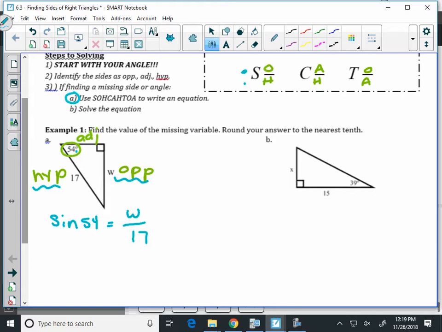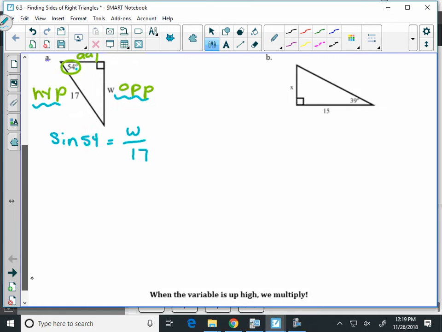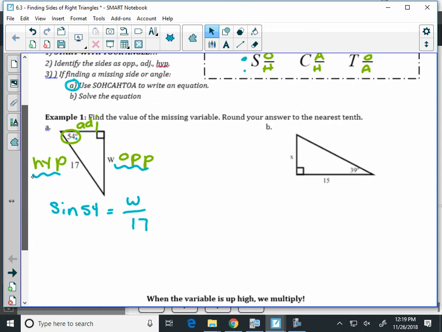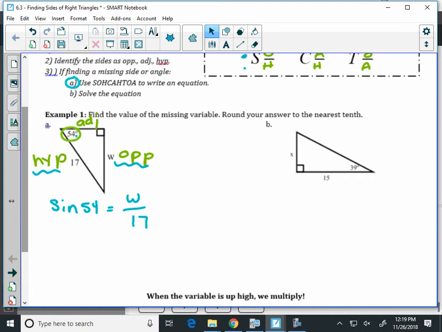Now we can solve. And you might notice that little saying towards the bottom of this section. It says when x is up high, we multiply. Meaning, is our variable in the top or the bottom of our fraction? High, right? It's up top. So our variable is up high, we're going to multiply, meaning we multiply the number in the bottom on both sides.